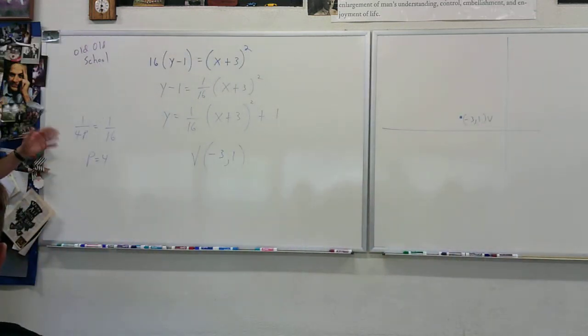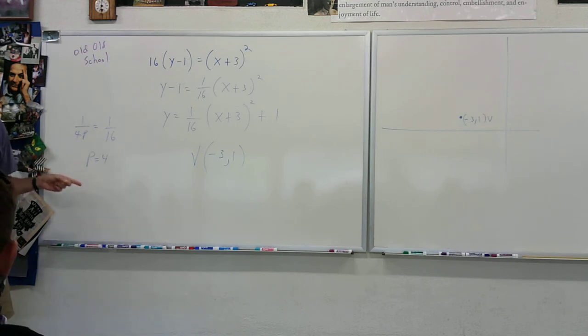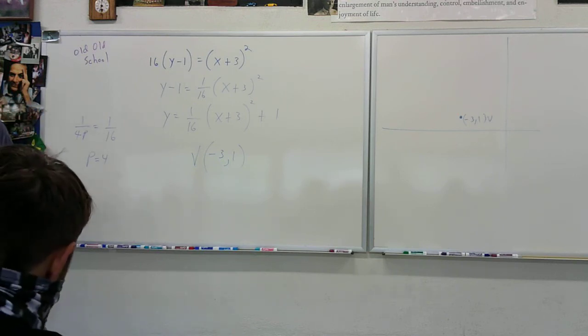Do not use the term cross multiply here. Yeah, you can do that. 4p equals 16, p equals 4, but don't use the term cross multiply. The correct term is I multiplied by the common denominator. Everyone, I multiplied by the common denominator.